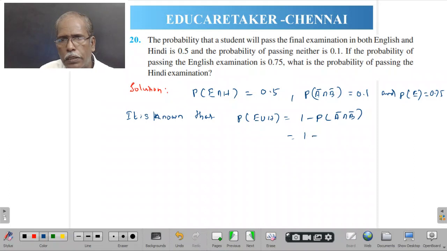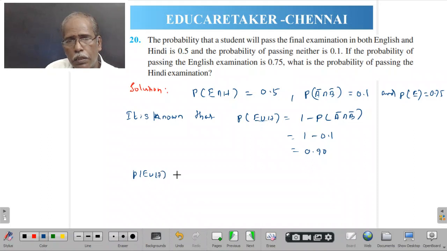So 1 minus 0.1 is nothing but 0.90. It is P of E union H. Now we can expand using the addition theorem: P of E union H equals P of E plus P of H minus P of E intersection H.